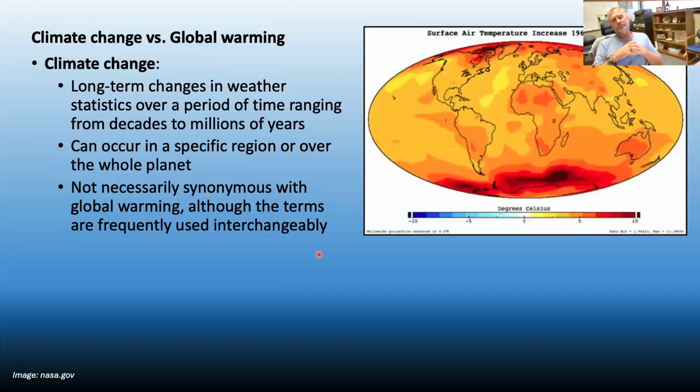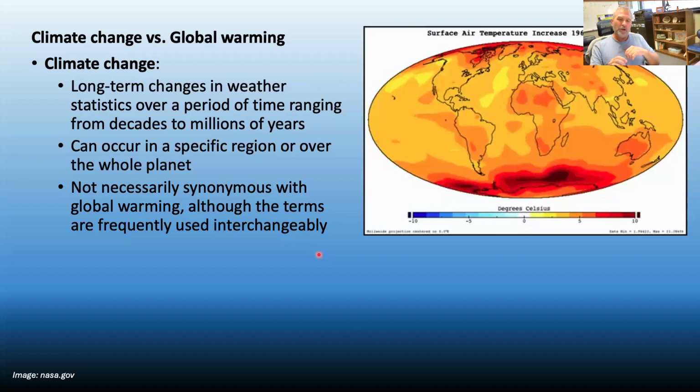So I'm just going to spend just a second on this because you'll probably hear both of these terms. So, climate change versus global warming. There's some overlap between those terms. Global warming really describes the more recent trends in the climate, say over the last 100 to 150 years.